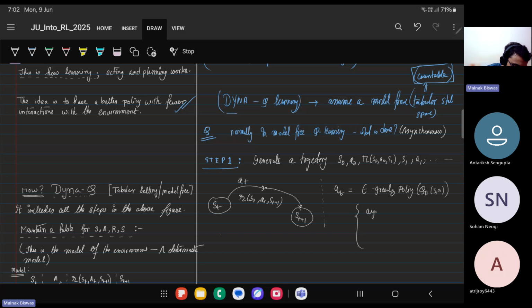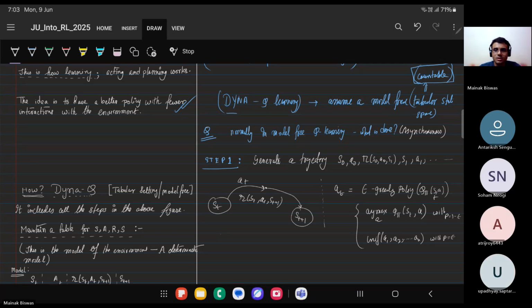This is equal to argmax over A of Q pi of ST, A, because I'm taking action at time T, with probability 1 minus epsilon, or uniform over A1, A2, dot dot dot, AN with probability epsilon.